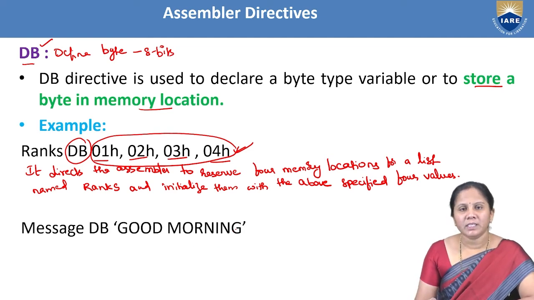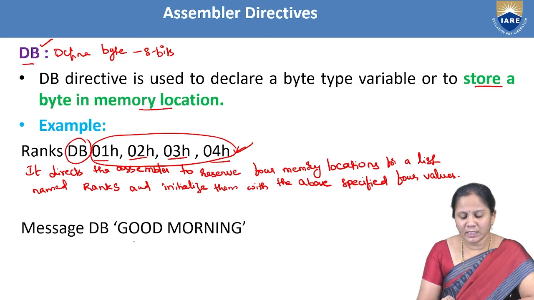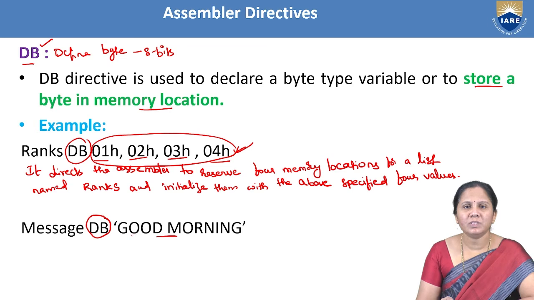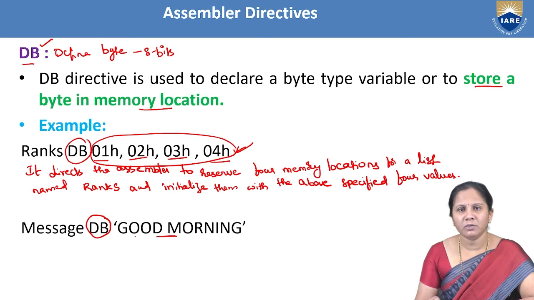And next, as an example, MESSAGE DB 'good morning'. Here 'good morning' is a message consisting of some characters. But here it is DB, which is called define byte, and it comes under assembler directive. So it is also going to reserve some memory locations in order to store this string. In the memory location, this string will be stored in the form of ASCII equivalent.